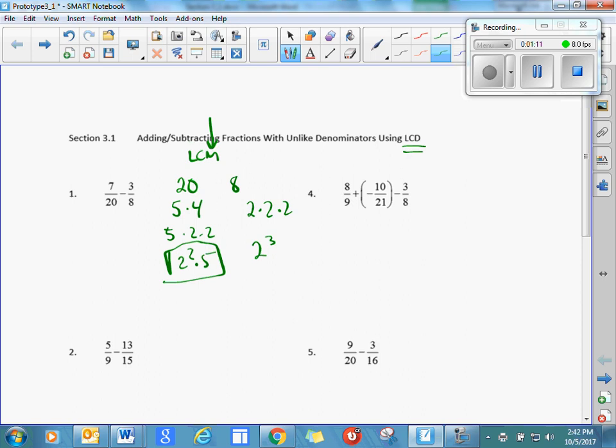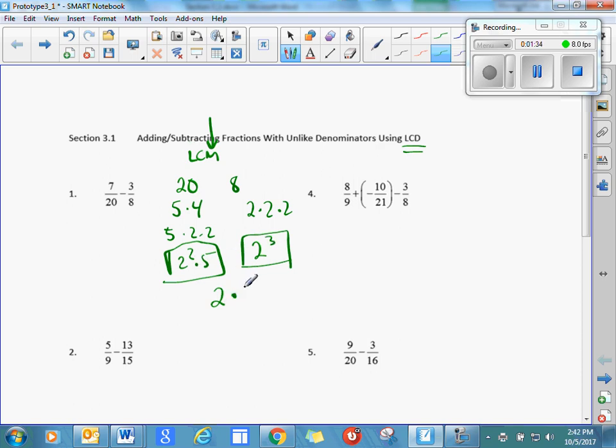Now, I'm not sure how you were taught to do the LCM work, but this is the way I teach my 7th graders. Once I have the prime factorization of all my denominators, then I write every base I see in my answer. So I see a 2, and I'm only going to write the 2 one time. Although it's in both, I'm only writing it once.